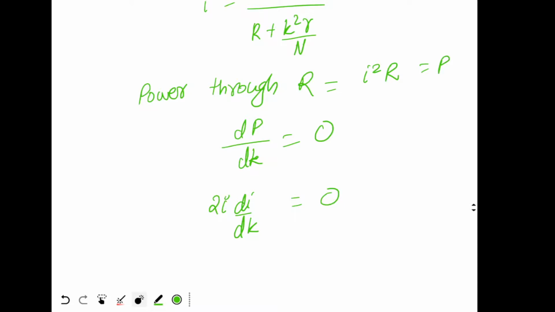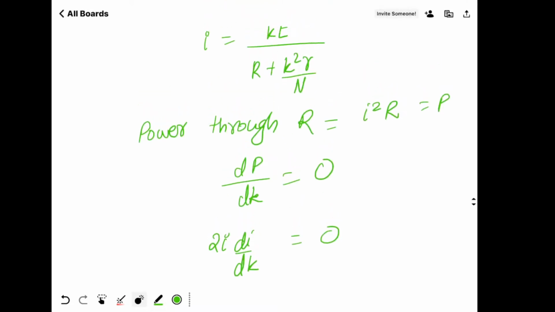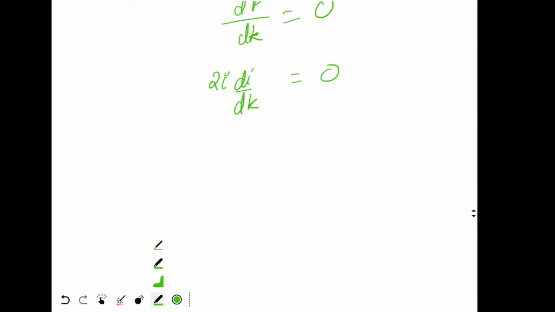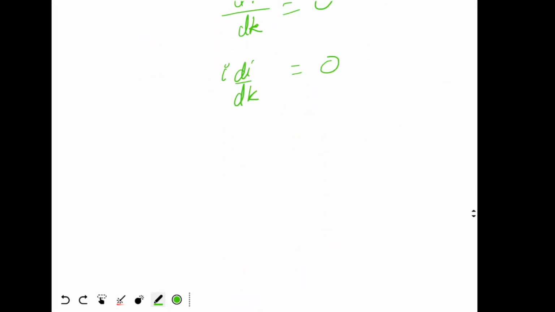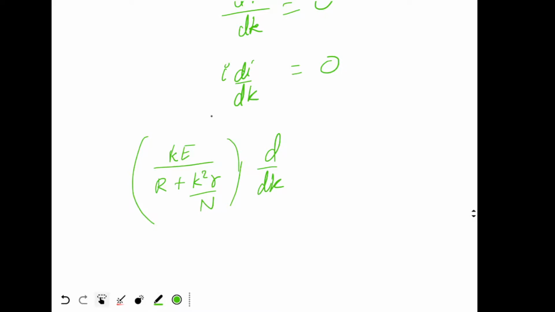I is KE by R plus K square R by N, and dI by dK of the same term we want to be equal to 0.